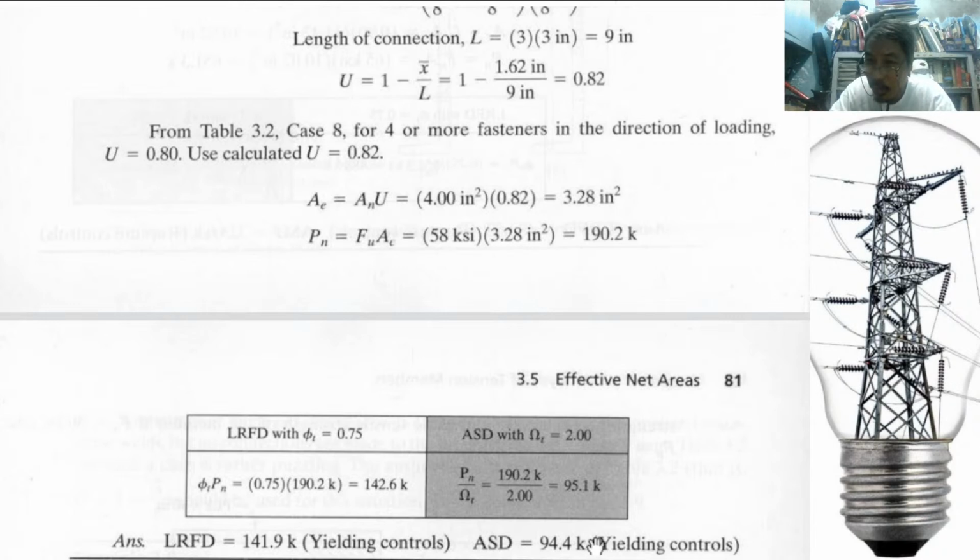On the previous example, rupture controls. That means the rupture value wins. This time, the yield value wins. The yield value is the lower value. That is what we mean by wins. That's why yield controls.